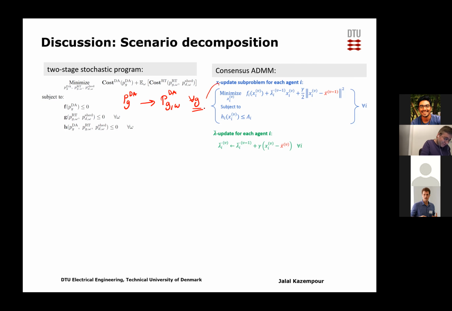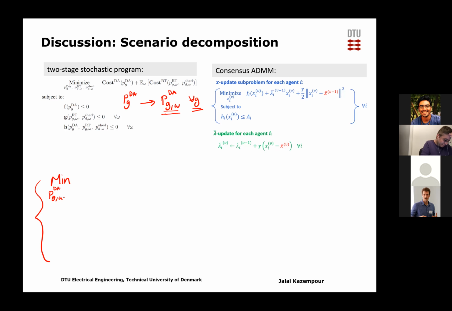So now I'm trying to write this problem for our stochastic market clearing problem. I'm writing minimization. What are the variables? Each subproblem has its own real-time generator dispatch and its shed power, and the common variable, of course.